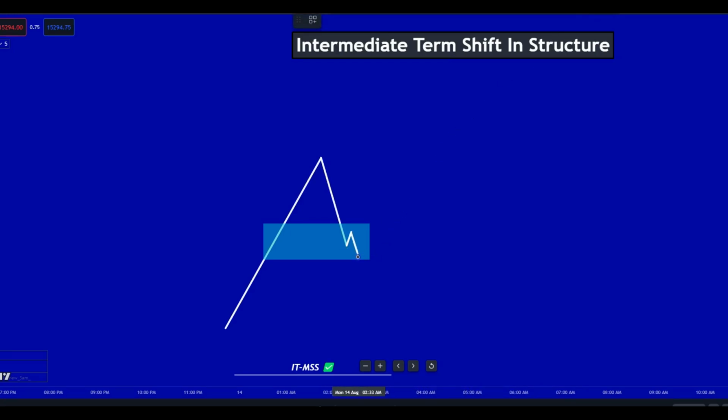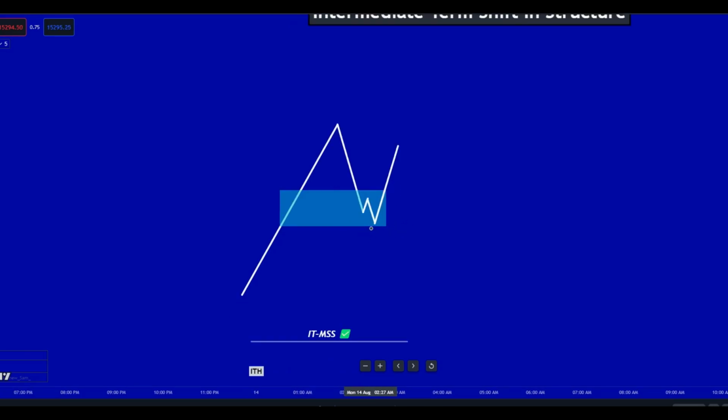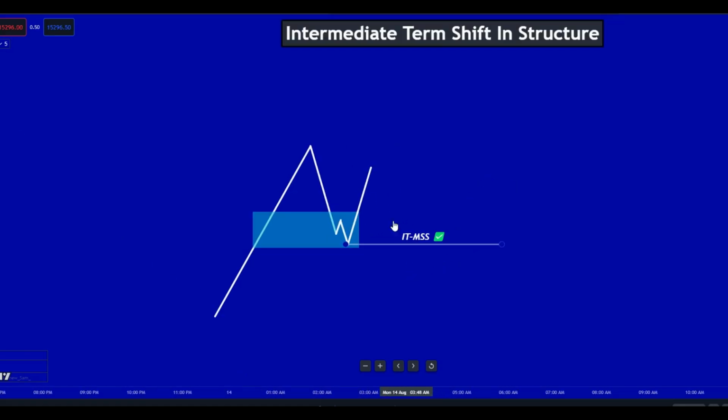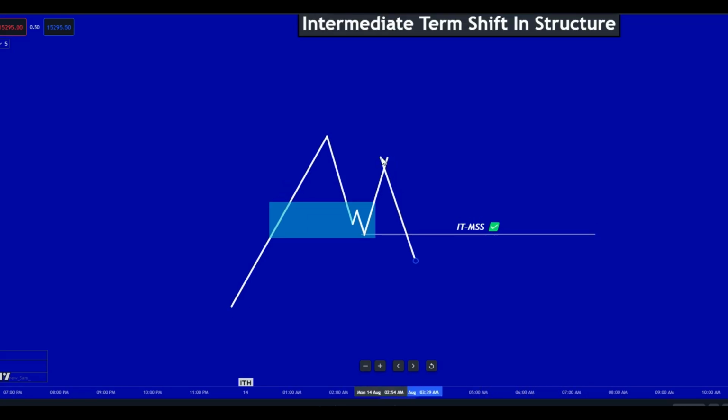And then you finally get the push out of the fair value gap. Now this low here, once broken, will be an intermediate term shift in structure. So then price retraces, closes below it. Now we know that it is safe to go short and the algorithm is seeking bearish draws on liquidity or to fill a bearish imbalance.